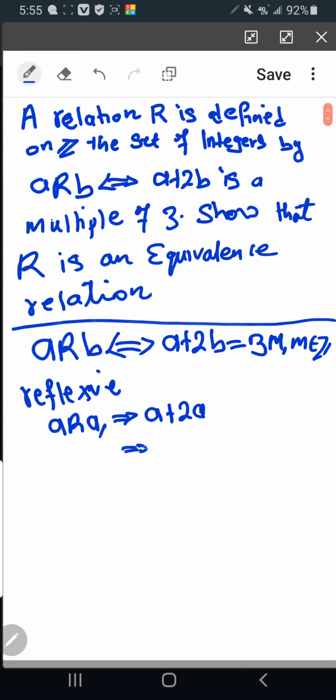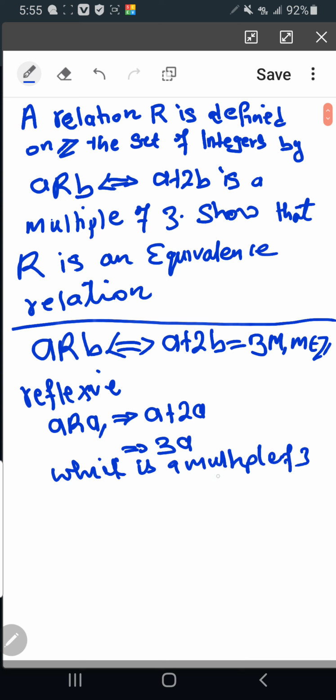And this gives us 3a, which is a multiple of 3. Therefore, R is reflexive.